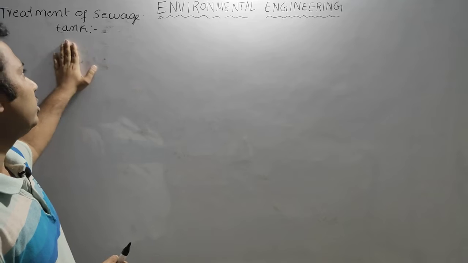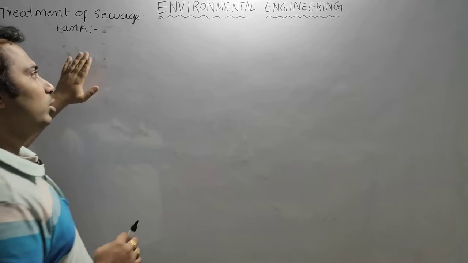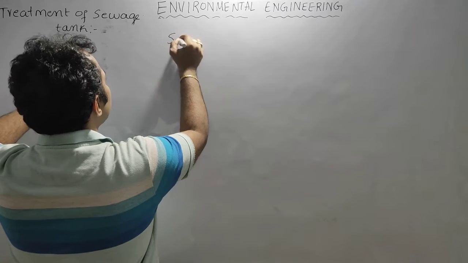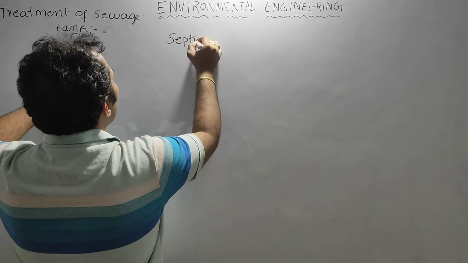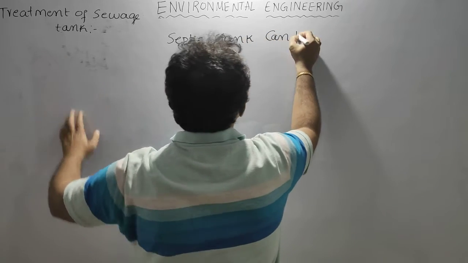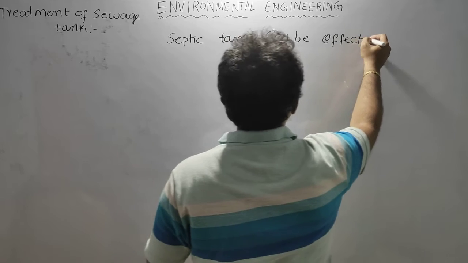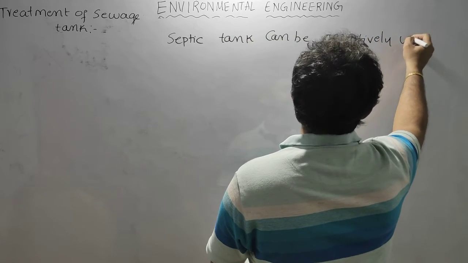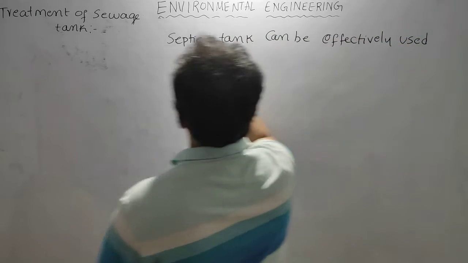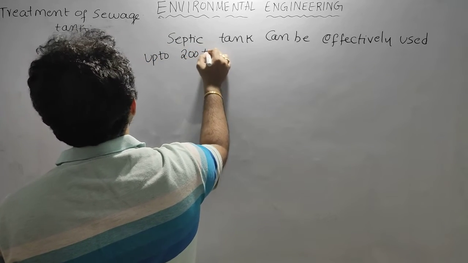Also the number of users. Generally a septic tank can be effectively used for up to 200 to 300 users.